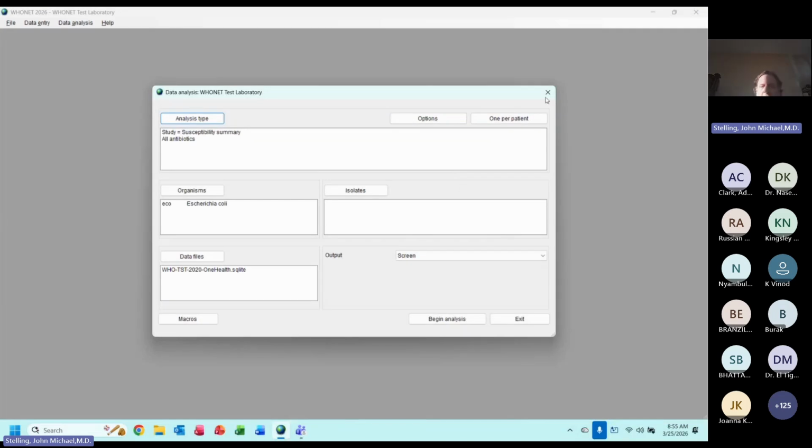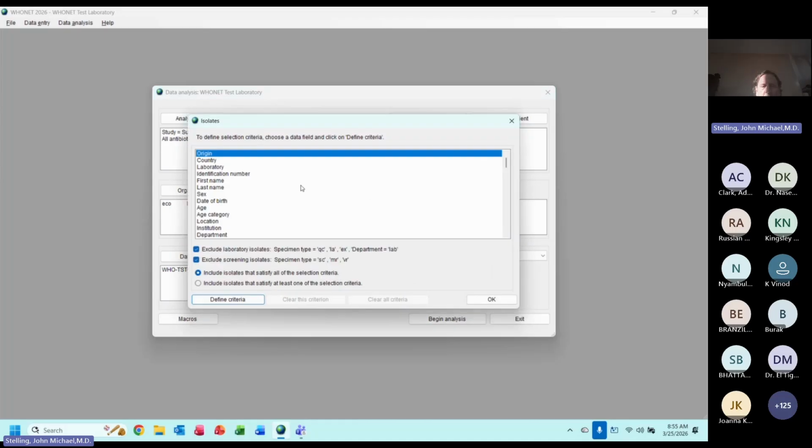To do by sector, I'm now going to go to isolates. Go by isolates, origin. What I showed you were human, animal, food, environment stratified by different rows. But maybe I only want human, or only food, or only chicken, or only cattle.